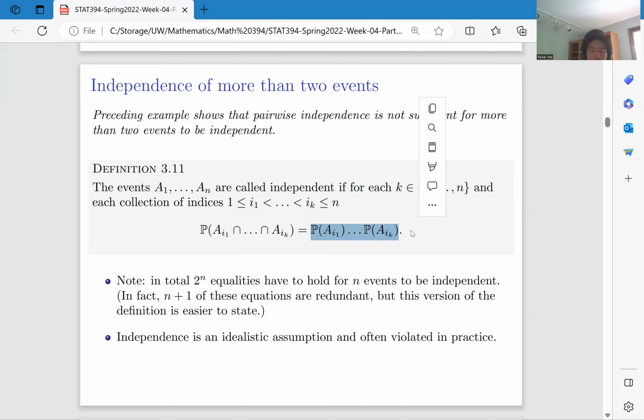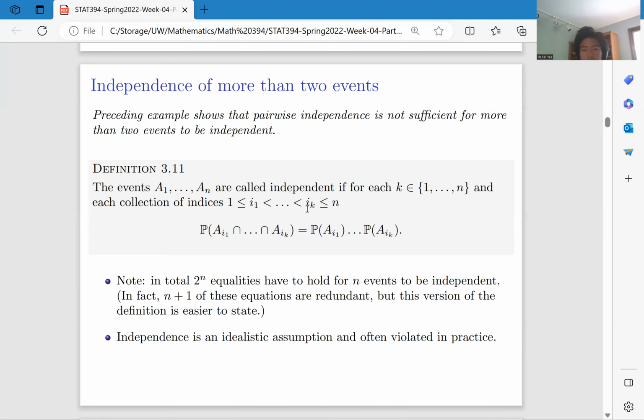So what does this mean? It means that if we want to examine, for example, 4 elements, what do we need to prove? The indices i1 to ik can be k, and k can be 1, 2, 3, and 4.